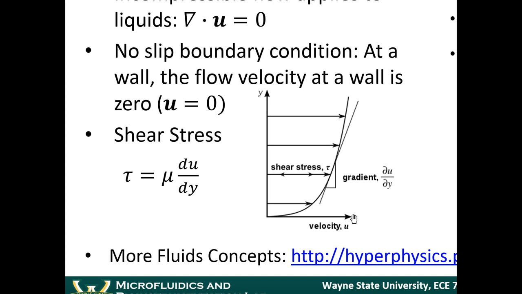This is an example of what's a flow profile. Let's say at the bottom here, this is the distance from the wall, y, and this is the velocity, we'll call that u.